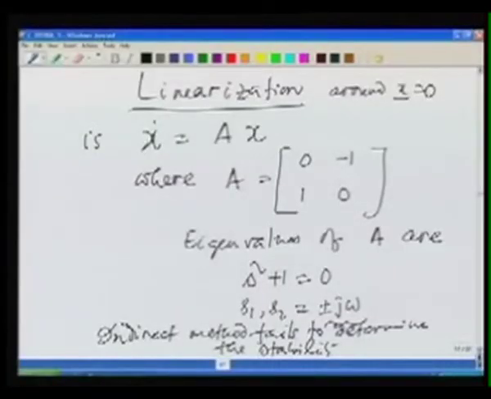If negative, then stable; if positive, unstable. But what happens when the eigenvalues are 0, or like here in this case we found plus or minus j omega, with 0 real part?